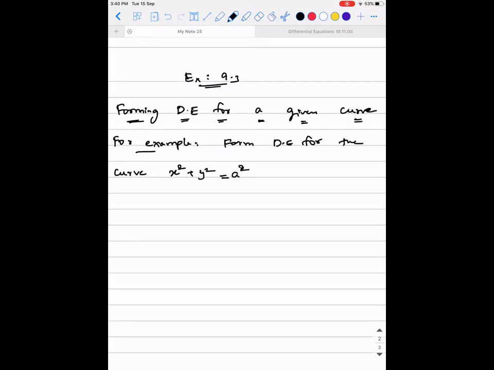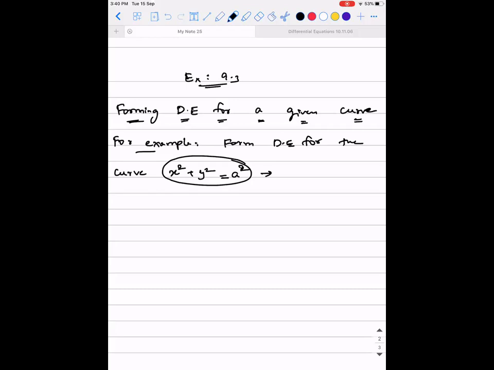When I say forming a differential equation, this is a solution of some differential equation. So is this a general solution or a particular solution? General. Why are you saying it's general?